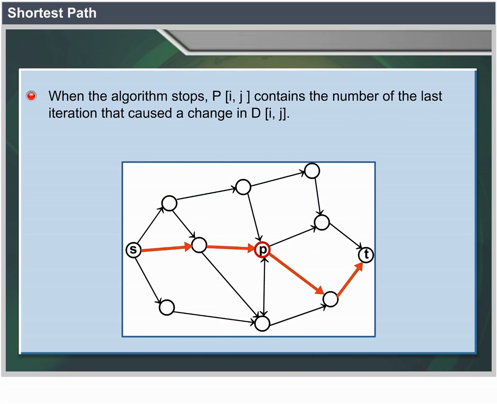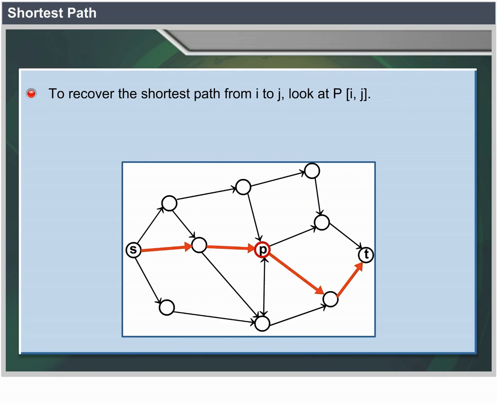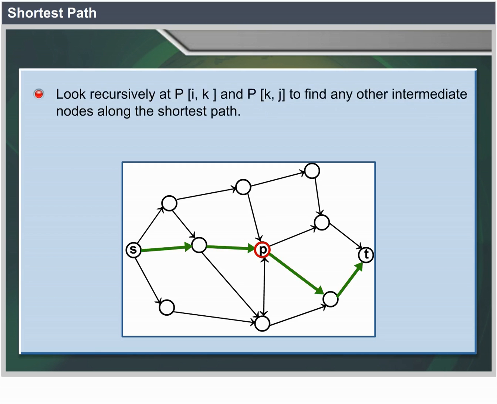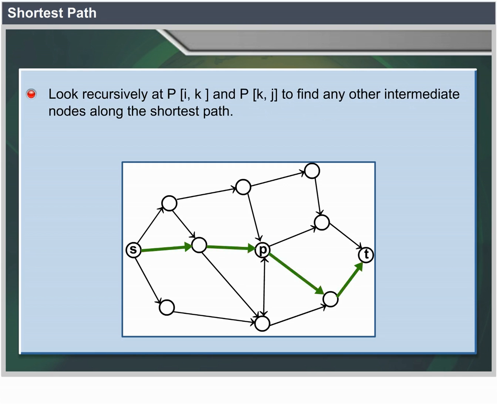To recover the shortest path from i to j, look at P[i,j]. If P[i,j] = 0, the shortest path is directly along the edge (i,j). Otherwise, if P[i,j] = k, the shortest path from i to j passes through k. Look recursively at P[i,k] and P[k,j] to find any other intermediate nodes along the shortest path.